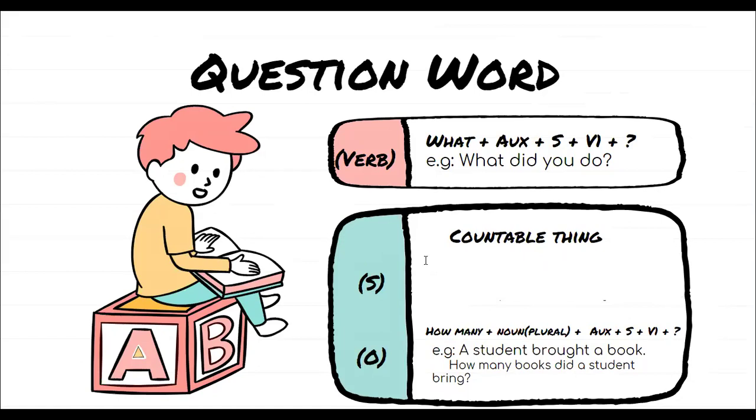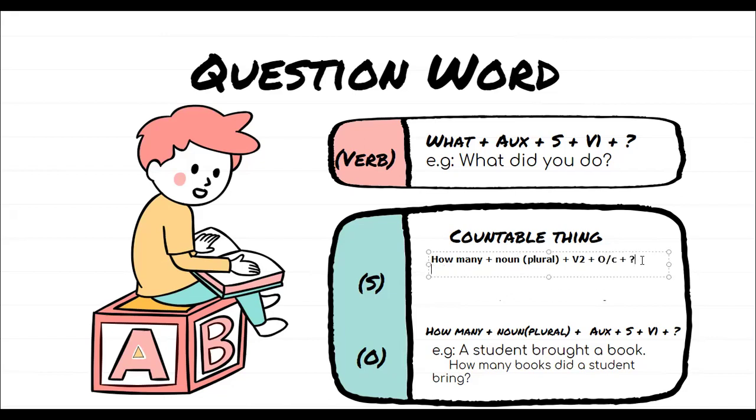Okay, here's the thing. If you are asking about subject, you can say how many, and it must be followed by noun plural, and then it directly followed by verb two because we don't know which the subject. And then object or complement. We can still provide it because we are only asking about the subject, not the object.